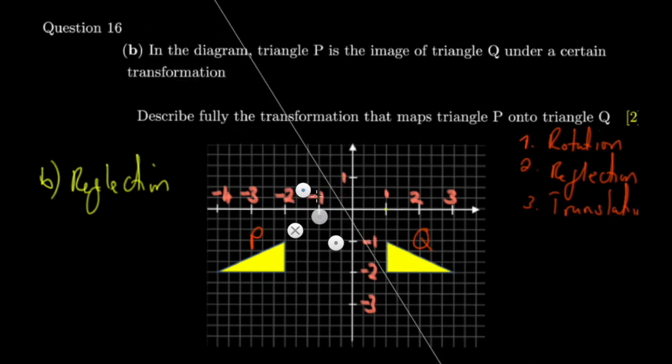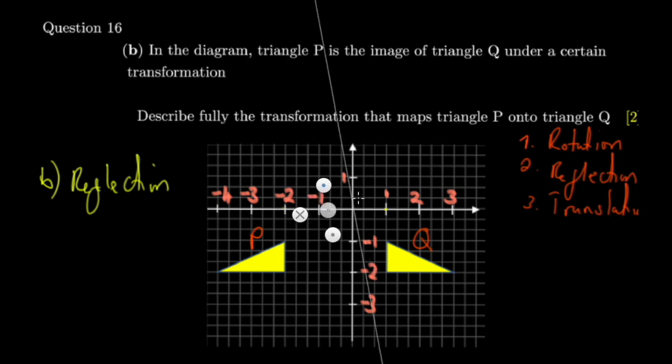Let me just quickly do this. So the 4.5 point will be here, and this one would be the line of reflection. So what's the equation for this line?